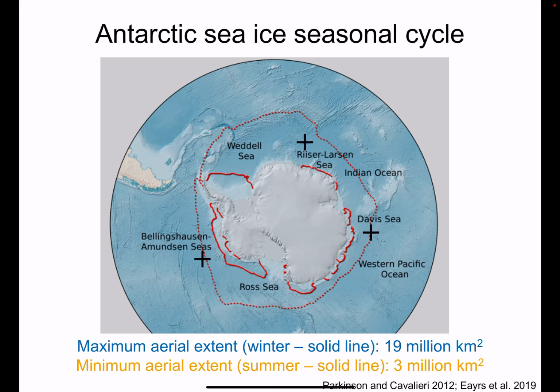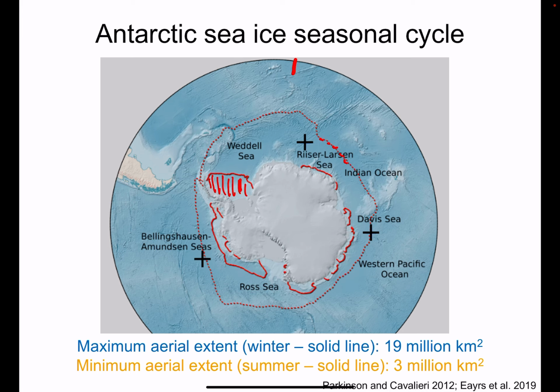And you can see on this plot, on this map, the dashed line is showing you the extent of the winter sea ice, roughly. I mean, obviously it changes slightly year to year. And the red is showing you the summer sea ice. So you can see that while most of the sea ice melts back, not all of it does. Notice in particular here in the Weddell Sea, that would roughly be fairly close to South Africa.